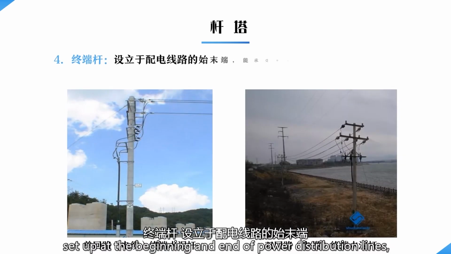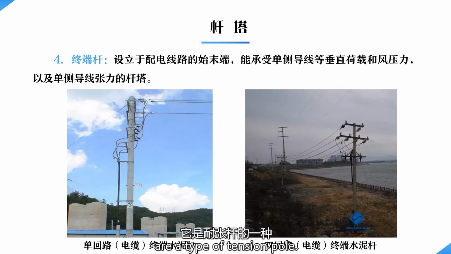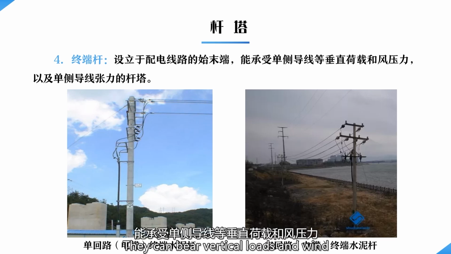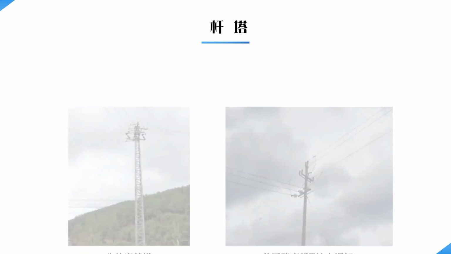Terminal poles set up at the beginning and end of power distribution lines are a type of tension pole. They can bear vertical loads and wind pressure on one side of the conductor, as well as the tension of the conductor on one side.